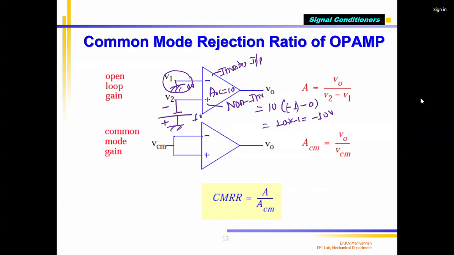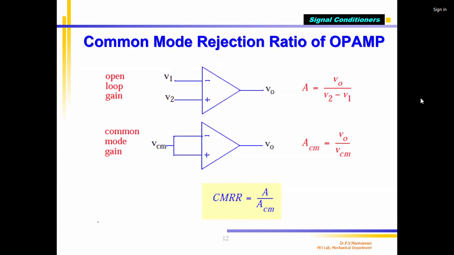You know that inversion means 180 degrees out of phase, correct? In the non-inverting input, if I give a positive voltage, the output will be amplified AOL times. If I give a negative voltage, it will be multiplied by AOL times. That's why it is called non-inverting: whatever the input side, the same output will be there, only multiplied by this factor. Now if I connect the non-inverting input to permanent ground and give plus 1 volt, what is my output? AOL multiplied by V2, which is 0, minus plus 1 volt.